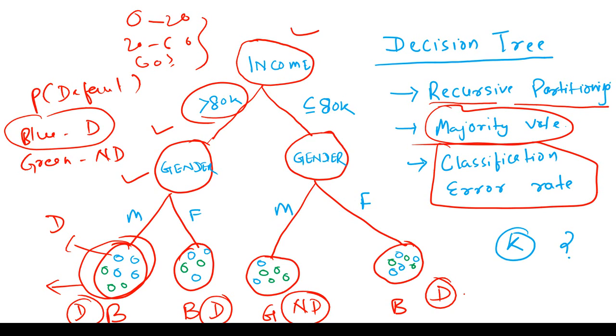That means if the error rate is minimum at a certain level of classification, we'll go ahead with that, and your algorithm will decide how many partitions are to be there, what is going to be the threshold value, and how many splits are going to be there for each factor. So that essentially is what the decision tree algorithm will decide by itself.